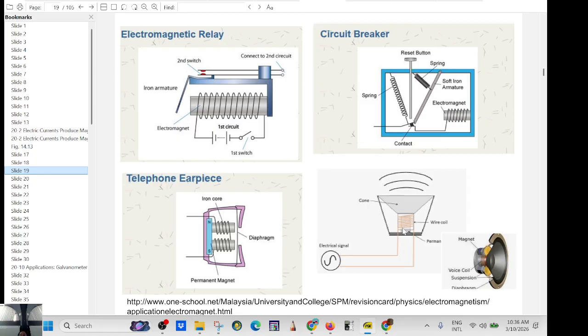So the electromagnet here will go north, south, north, south. It's going to oscillate at the same frequency as the current, and it's going to push and pull this cone here at the same frequency. So it's going to be a sound at the same frequency. That's how we make sound with a speaker.